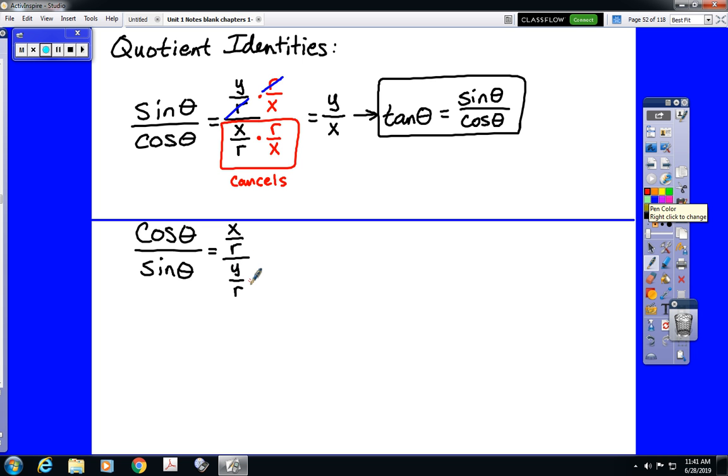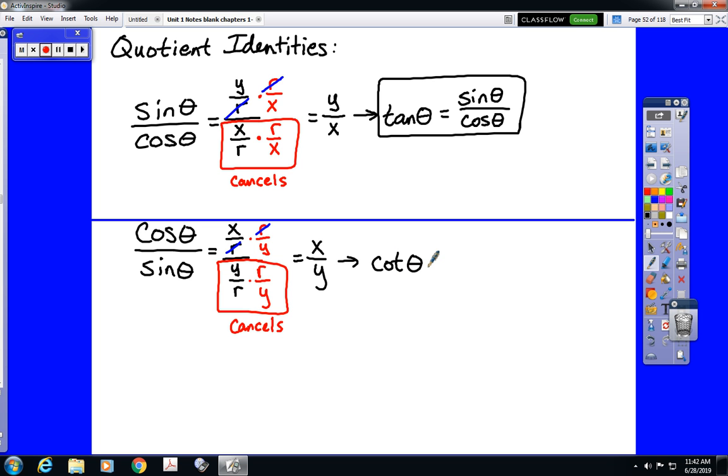Same approach, multiply by the reciprocal of the denominator, which causes the entire denominator to cancel. The r's would cancel as well, just like they did in the top problem, and leave us with x over y, which is cotangent of theta, allowing us to state that cotangent is equal to cosine divided by sine, which is our other quotient identity.